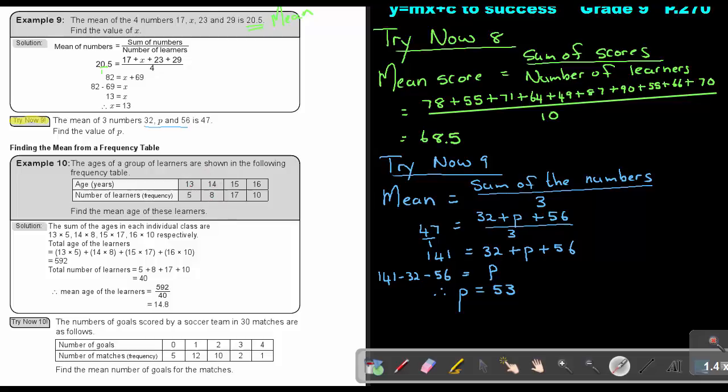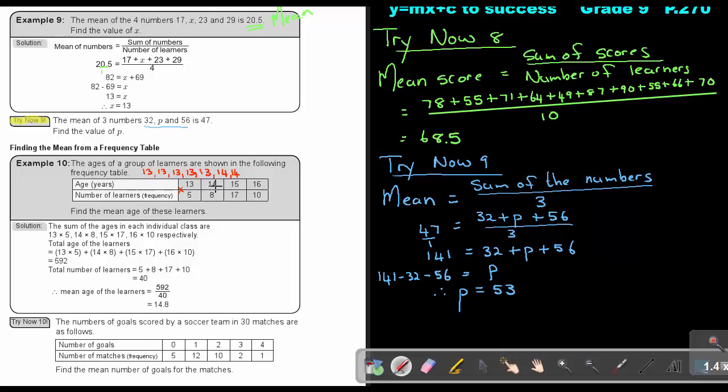So I just want to show you, if you really write it out, it's going to be 13, 13, 13, 13, 13, that is 5 of them, and then it's going to be 14, and so on. So basically, if I want to find the mean, I must say 13 times 5, because there are 5 13s.